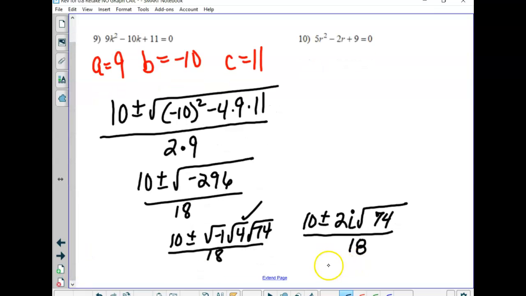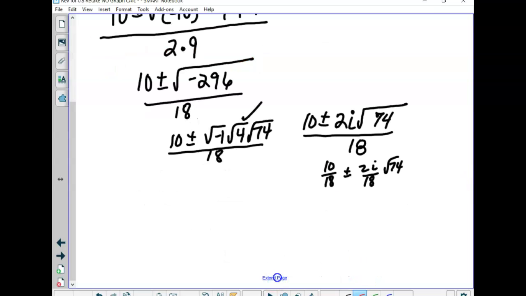I've been trying to get you to separate them so that you don't do anything silly. You can only reduce if they both reduce. They don't have to both reduce the same if you separate them. 2 goes into all of those things. You could have left it 1 fraction. 5/9 plus or minus 1 i over 18 times the square root of 74.